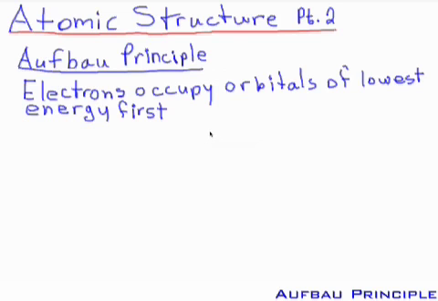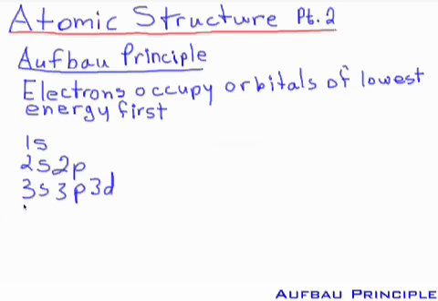And if we remember, we could write down the shells and the subshells. And if you remember, we had n equals 1 could give you a single subshell, the 1s. N equals 2 could give us 2 subshells, the 2s and 2p. N equals 3 could give us 3 subshells, the 3s, 3p, 3d.